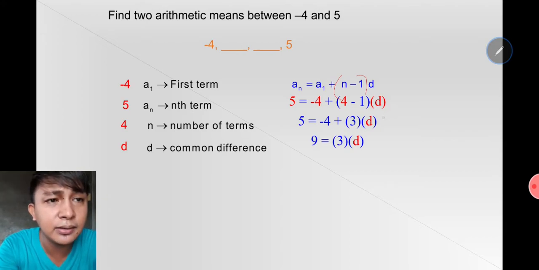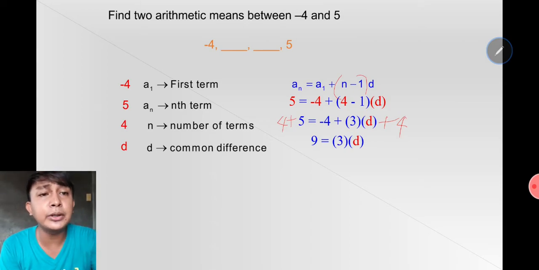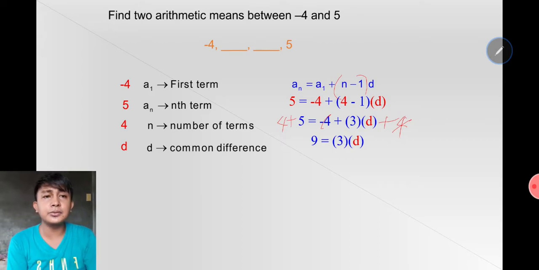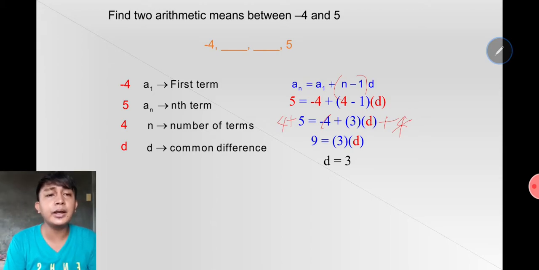So in order to remove this negative 4, para mawala siya, mag-add tayo ng 4 sa magkabilang side ng equation. So negative 4 plus 4 will give you 0 and 4 plus 5 will give you 9. So 3 times d, 3d, is equal to 9. So we divide both sides by 3 para mawala si 3 na kasama ni d. So we have now the common difference is 3.